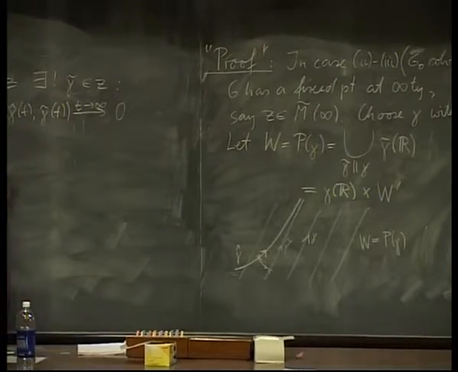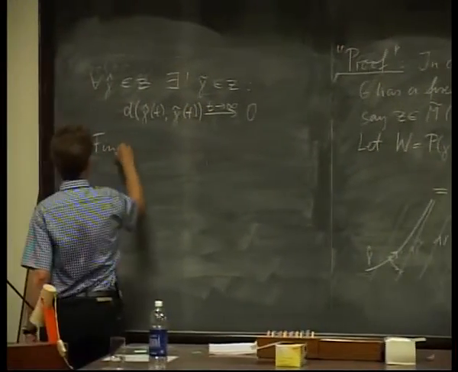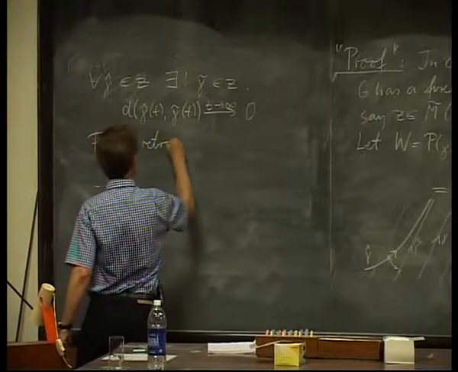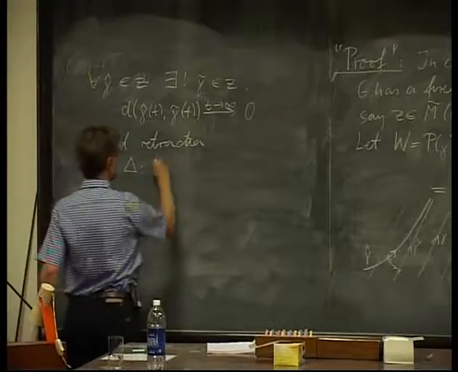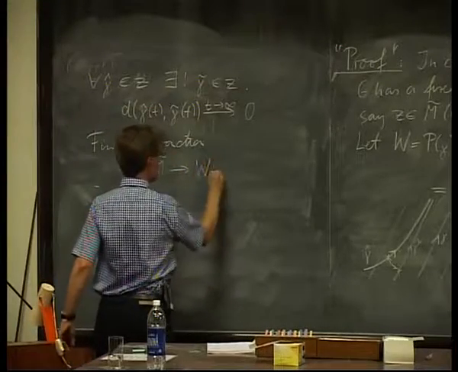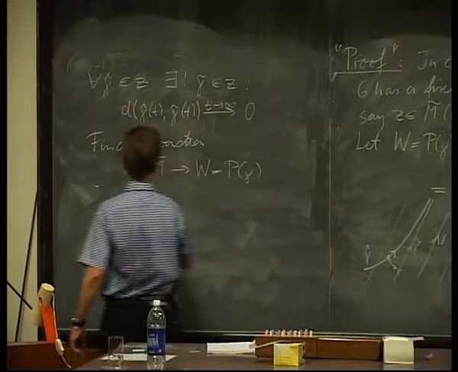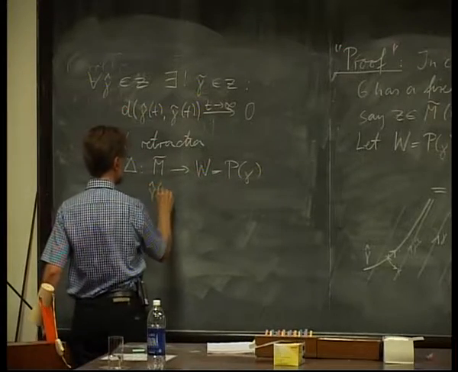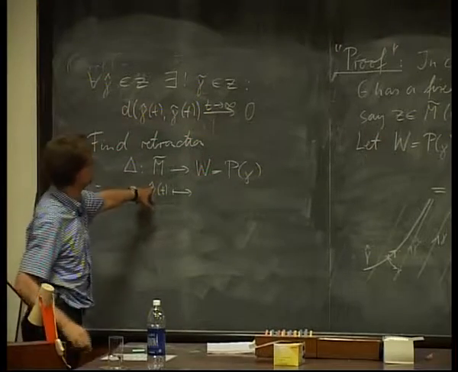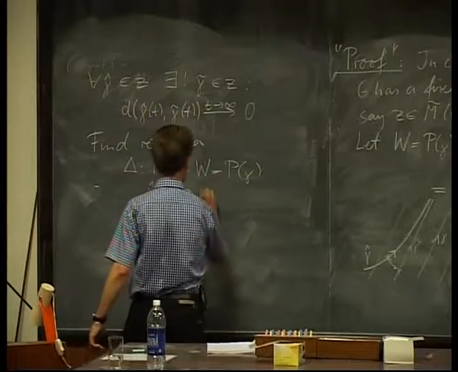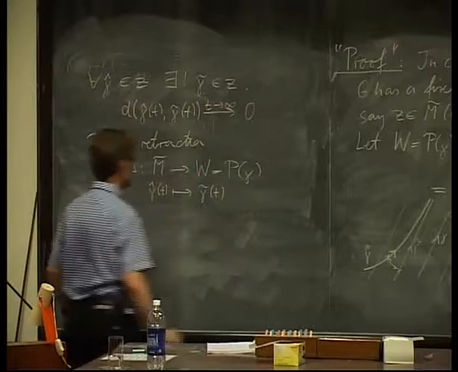So we find a retraction from M tilde to our parallel space, mapping some point on a geodesic gamma hat tending to Z to the corresponding point on gamma tilde.